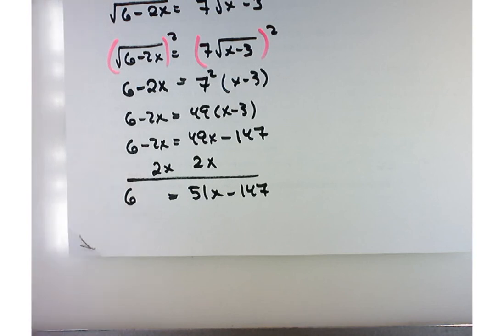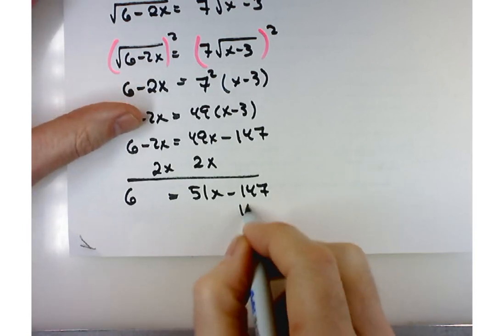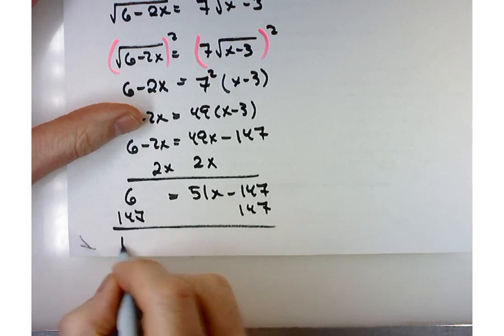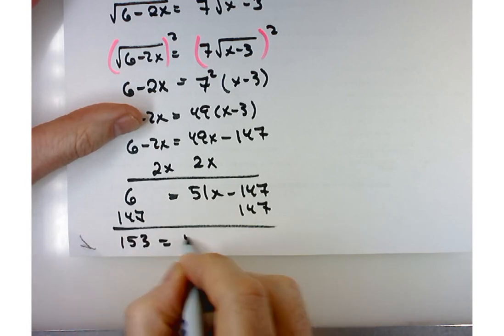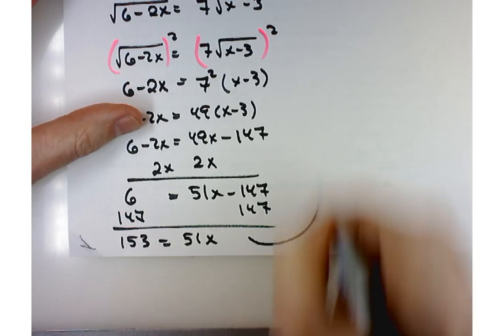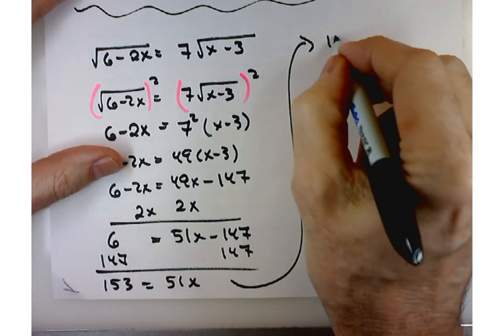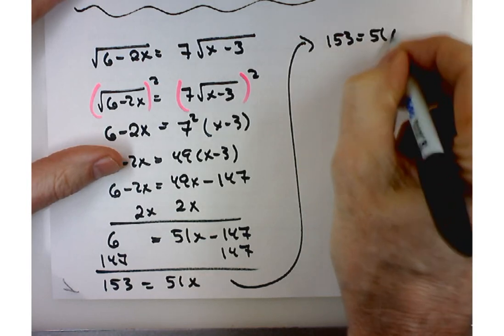Now that you've got the variable on one side, you put the constant on the other side. So I'll add 147 to both sides. You get 153 equals 51x.